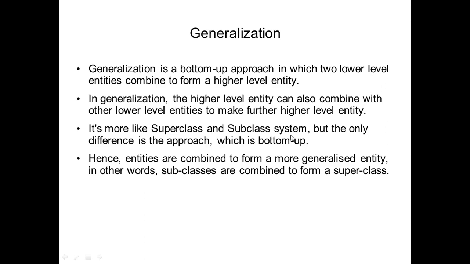Here, the higher level entity can also combine with other lower level entities to make a further higher level entity. It is same as superclass and subclass system, but the main part is that the approach is bottom up. Here, the entities are combined to form a more generalized entity, or we can say that subclasses are combined to form a superclass. That is the generalization.